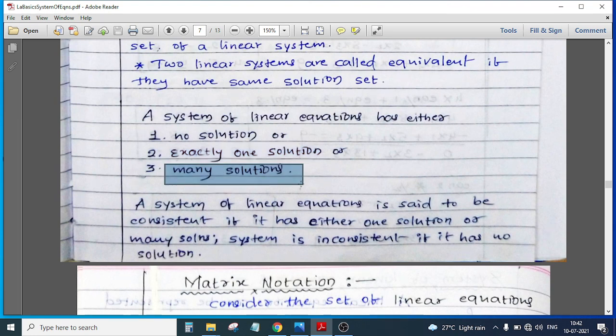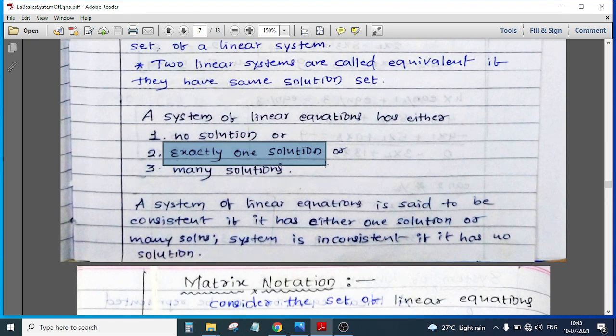What does it mean now? I have a system of linear equations, right? For the system of linear equations, you have a set of solutions, that is the solution set. Now this solution set could be what? When you solve that system of linear equations, you may not get any solution. That is the first possibility. The second possibility is that they might have only one solution.